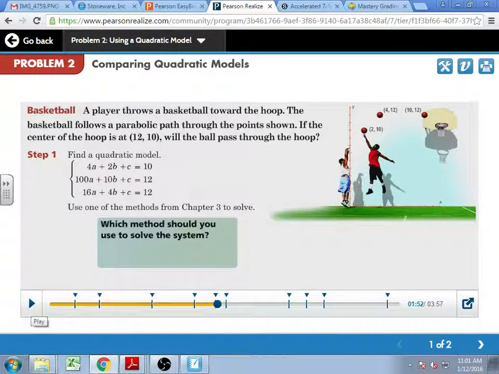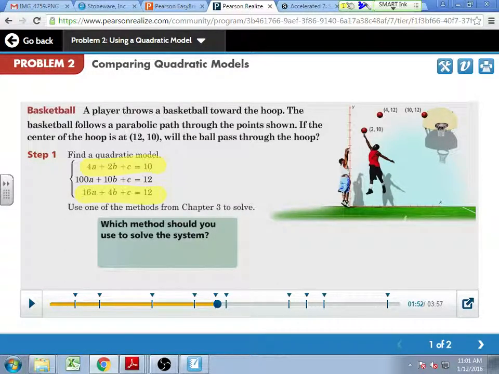So, when we're thinking about which method I would use here, and you guys might need an extra sheet of paper because I don't leave a ton of space on the notes. I try to fit them onto one page. As Jacob said, I can combine 2 of these. What I would do is take the bottom equation and subtract away the top equation, just because those numbers work easily with each other.